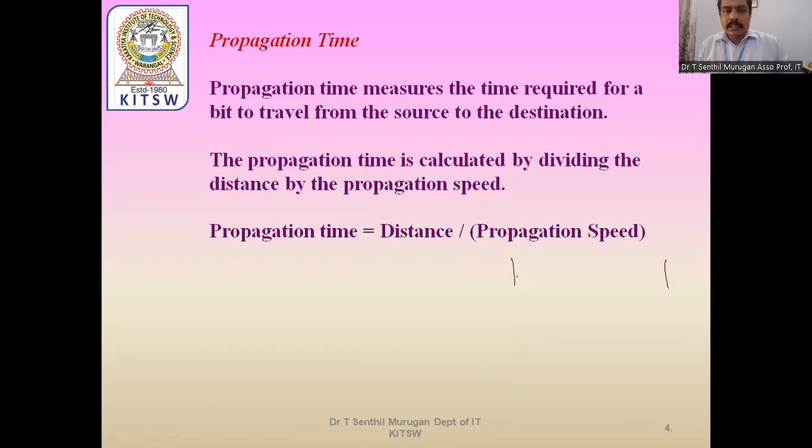How much time is required to travel a bit from source to destination? That is propagation time. Propagation time is calculated by dividing the distance by the propagation speed. So the distance divided by the propagation speed will be calculated as propagation time.